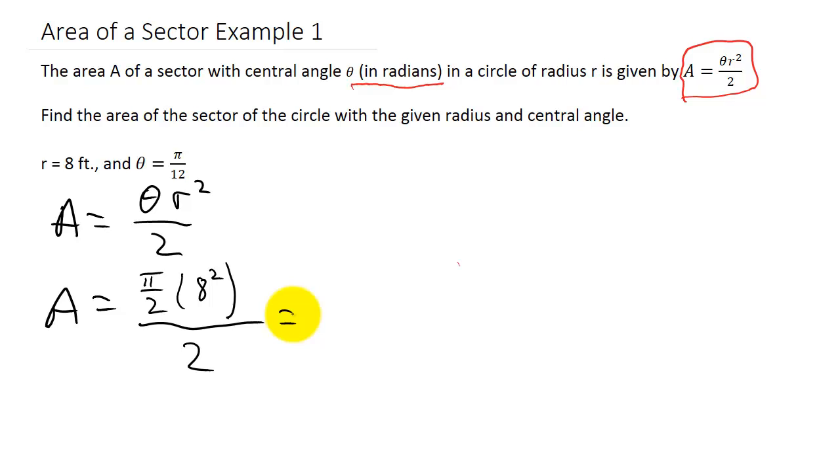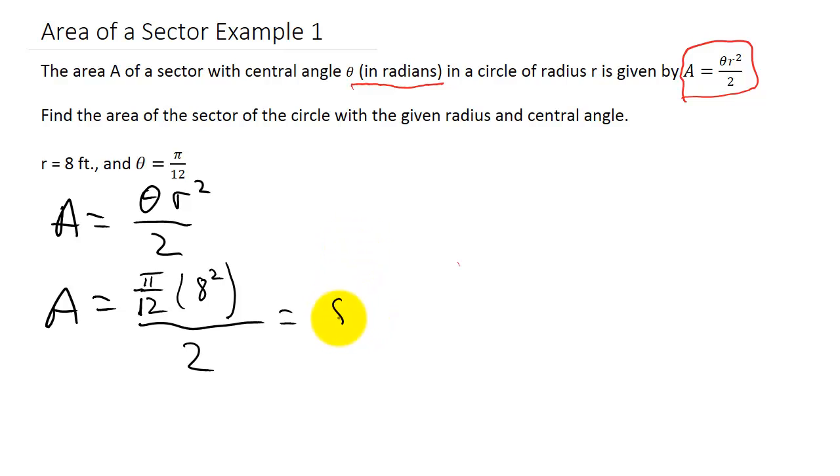Now, when we plug this into our calculator, oh, I'm sorry, this should be pi over 12. Okay. Pi over 12. I just had the 2 there. Alright, so we have pi divided by 12 times 8 squared, which is 64, and then that's divided by 2.